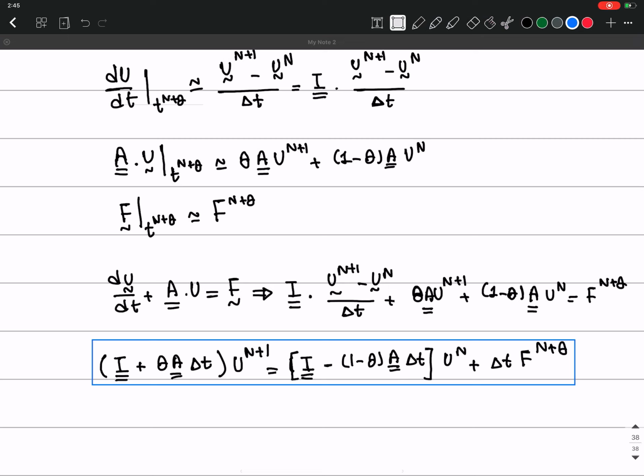Okay, so for the sake of argument, we shouldn't forget that these are vectors that are discretized in space. And this is going to be my final set of equations. So this is also f, the vector. We shouldn't forget that.